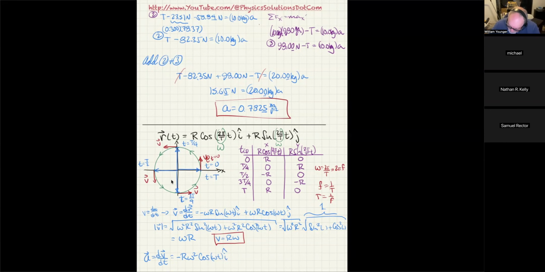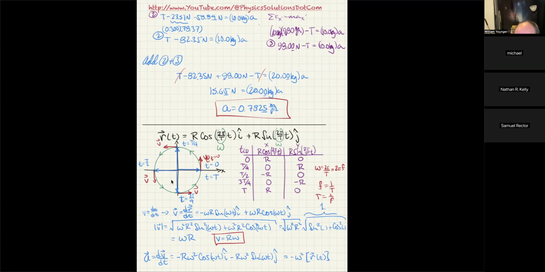Similarly, when I take the derivative of cosine, now I get the negative of sine, and I still get that other omega too. So this is going to be minus r omega squared, and this time it's times the sine of omega t, and that's the j hat. So that is the acceleration vector. And if you look at that, that is really just, notice, negative omega squared times r of t.